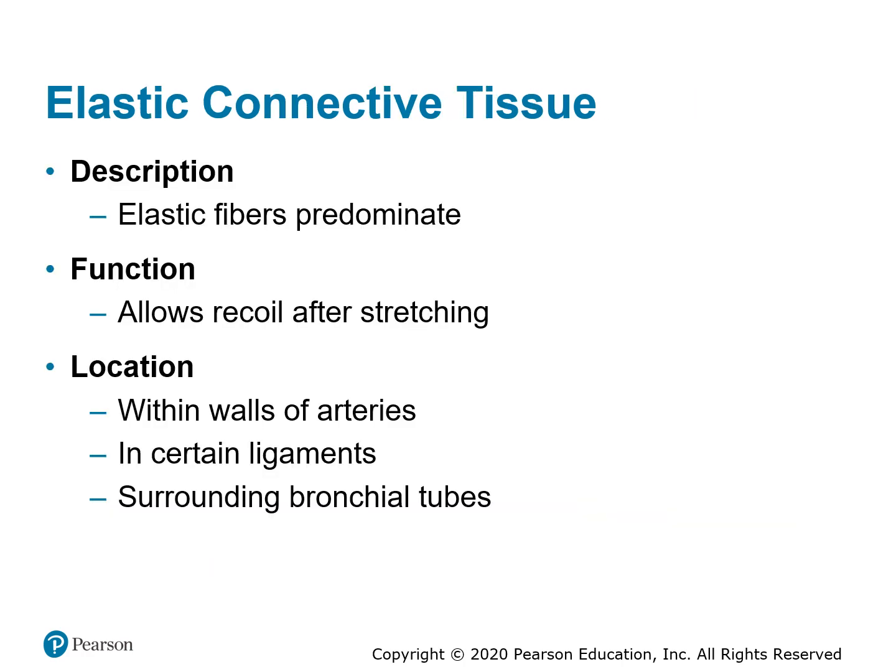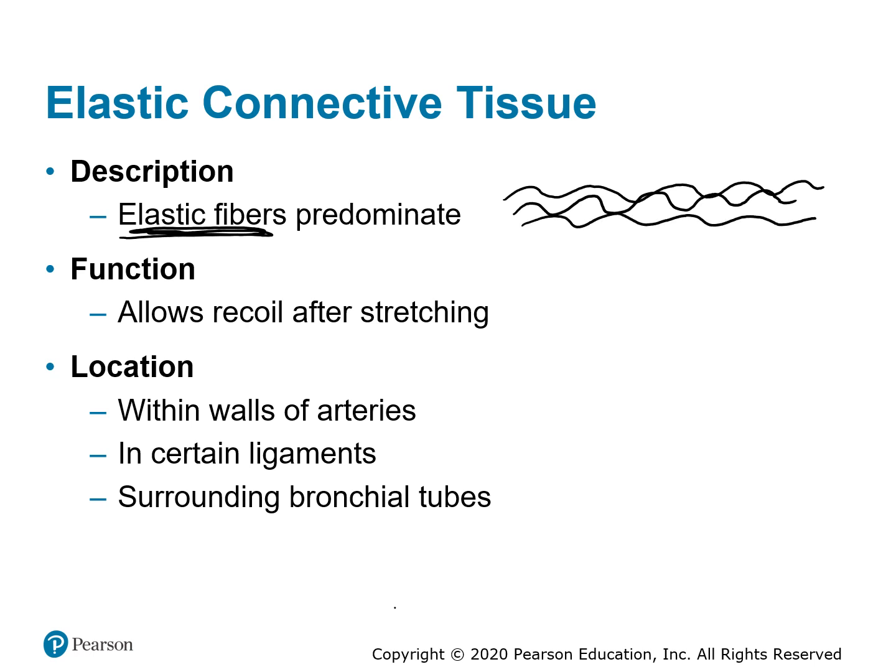The last of our dense connective tissues are the elastic ones. Those, as you could have guessed, have a lot of elastic fibers. If we remember correctly, those elastic fibers are very wavy. They allow for movement and recoil. Things get to stretch and then come back.